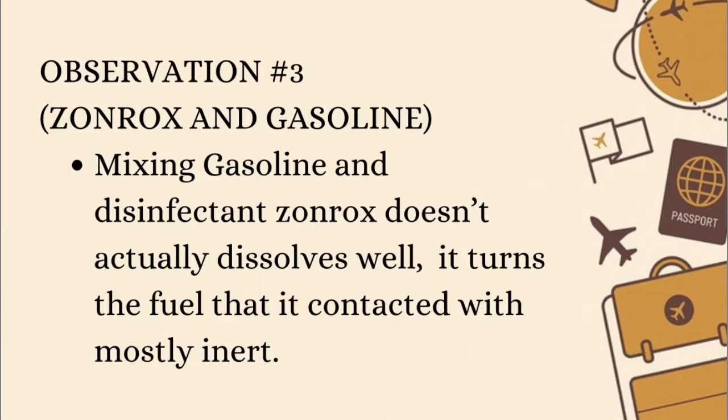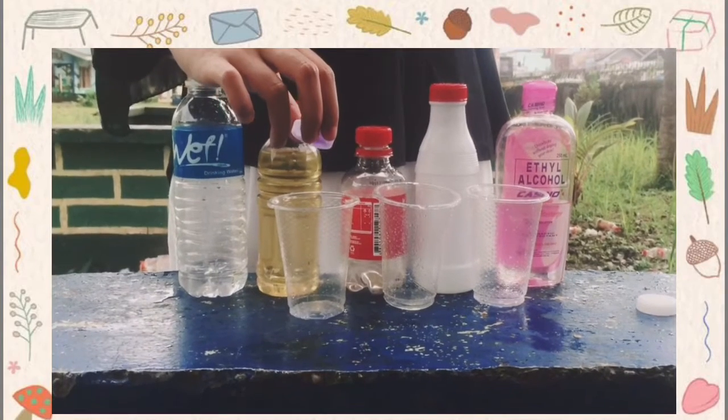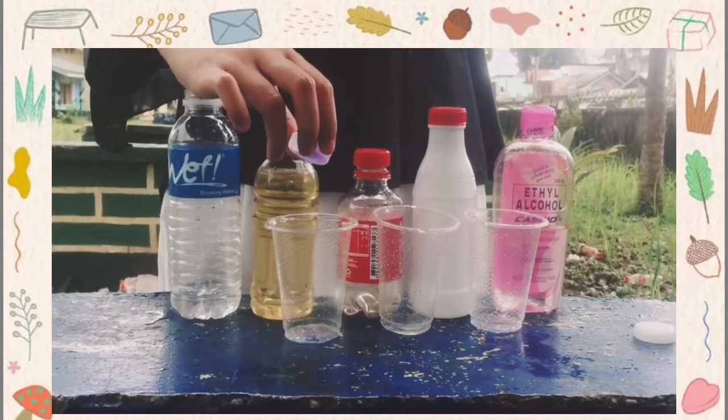Observation of Zonrox and gasoline. Mixing gasoline and disinfectant Zonrox doesn't actually dissolve well. It turns the fuel that it contacted with mostly inert. Place 5 drops of ink in each container.